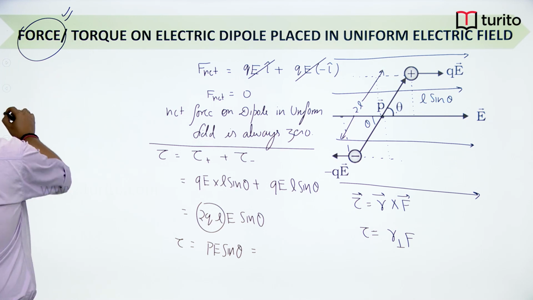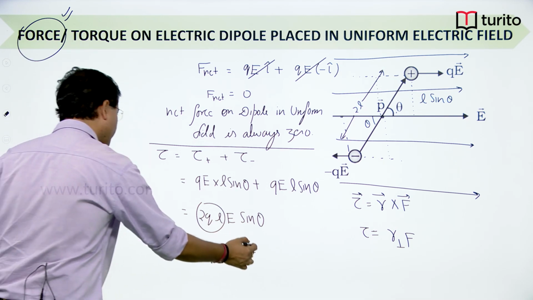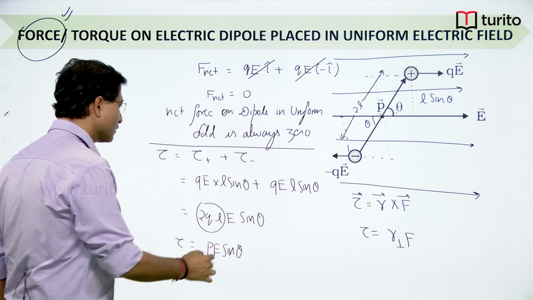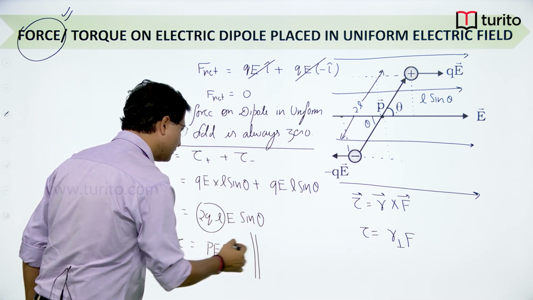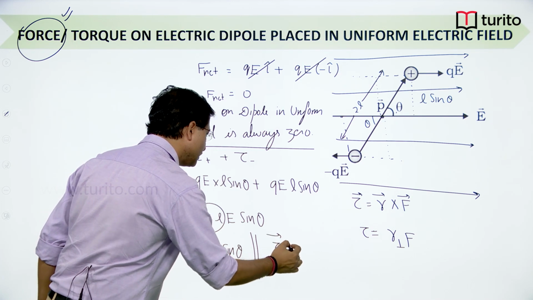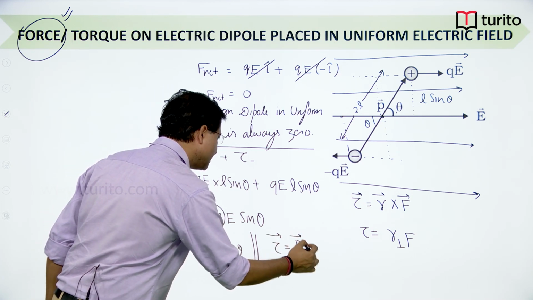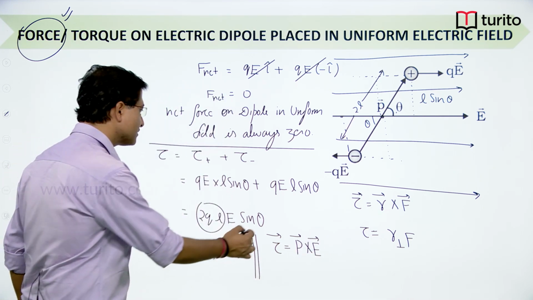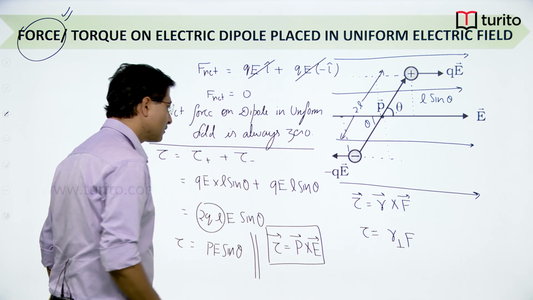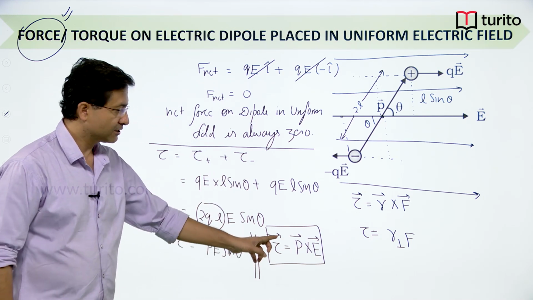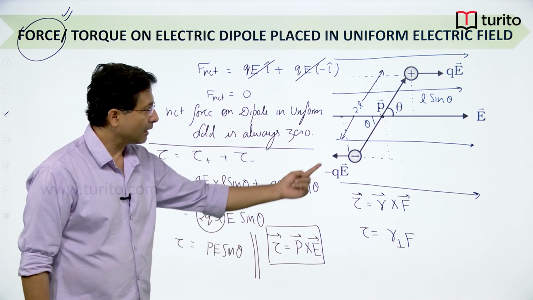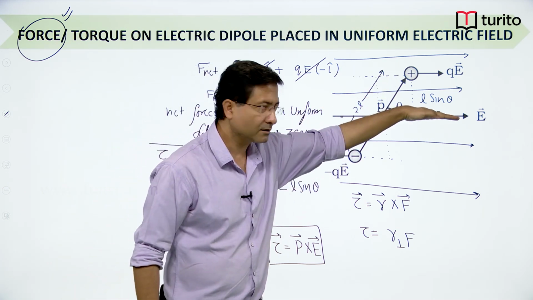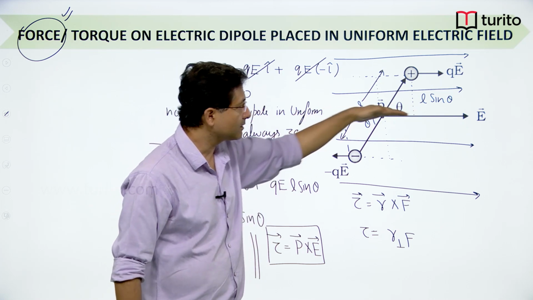And if I am interested in writing torque in vector form, let us write torque in vector form. So this can be written as tau is equal to P vector cross E vector. Let us check the direction once. Dipole moment is from negative to positive in this direction, and the field is along the x-axis.